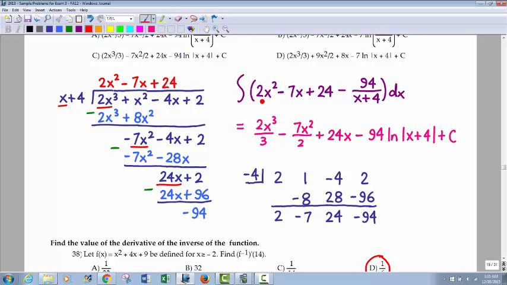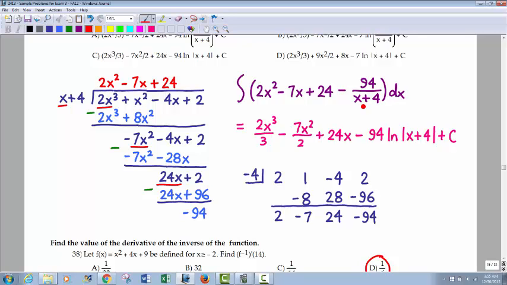So that means our quotient is 2x squared minus 7x plus 24. And the remainder would be negative 94, but it's divided over the divisor. It's not just negative 94, it's negative 94 over x plus 4. Okay, so the first three terms are simple enough antiderivatives.